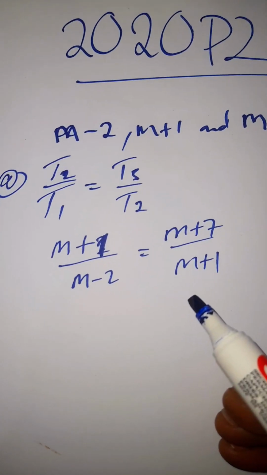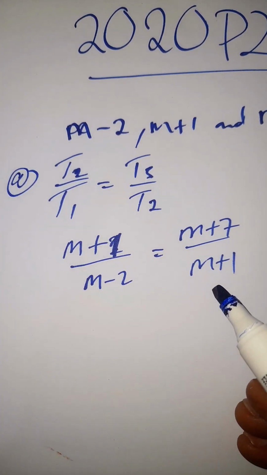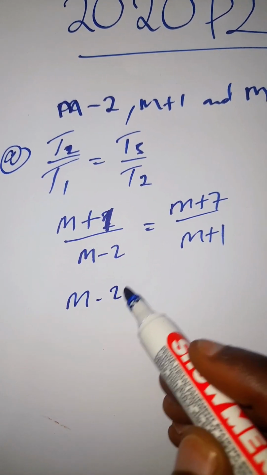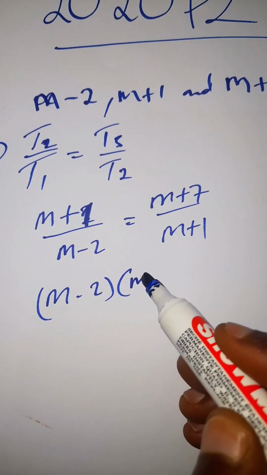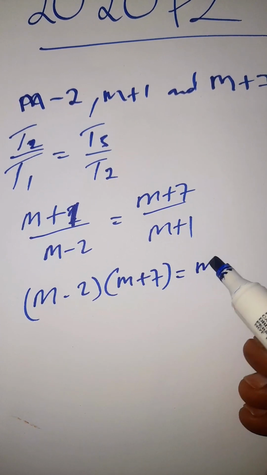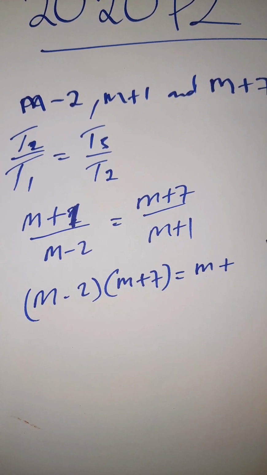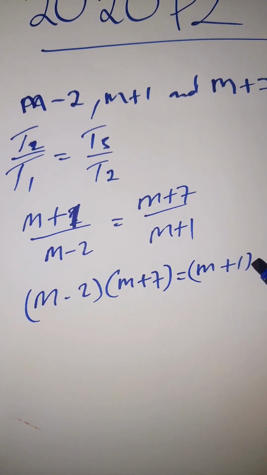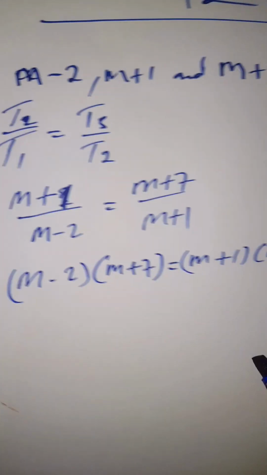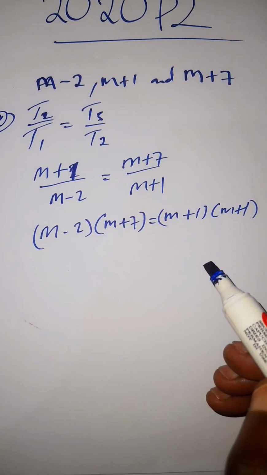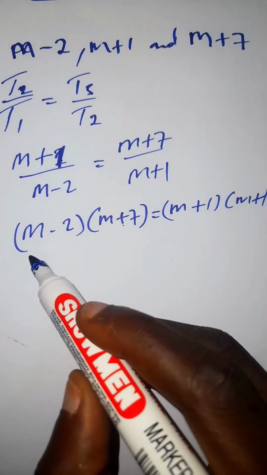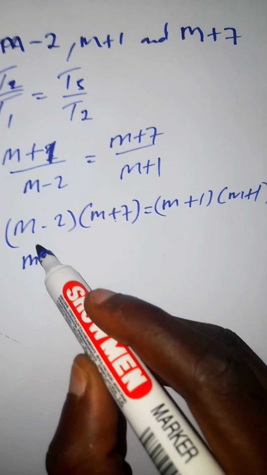And then you cross multiply. So it will be m minus 2 multiplied by m plus 7, which is equal to m plus 1 multiplied by m plus 1. So m is multiplied with everything here: m times m is m squared.